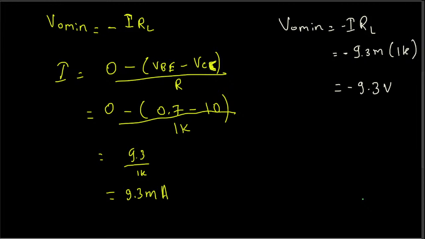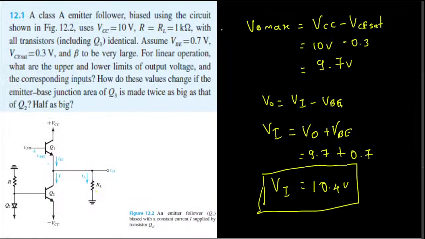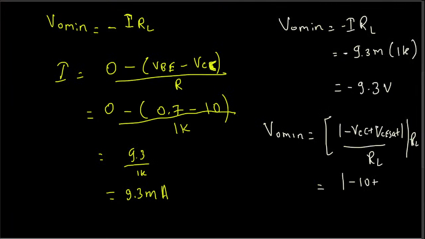There's also another equation for the minimum voltage. We have to use both of them and compare which one to choose, and we choose the one close to zero. The other output minimum equation is given by negative the absolute value of (negative VCC plus VCEsat) divided by RL, times RL. Here the absolute value of negative 10 plus VCEsat, which is given to us as 0.3, and RL cancels, so we can neglect that.